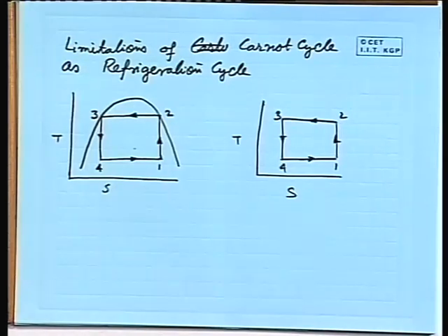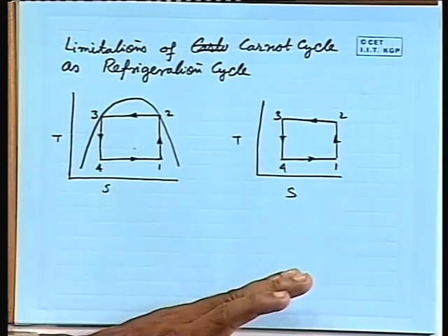Isothermal heat addition and isothermal heat rejection become impossible. Whenever we add heat or whenever we reject heat, there will be some temperature gradient across which heat transfer will take place. So, this becomes very difficult. That is one thing. Another thing also, we will have a lot of energy expenditure for the compression of the gas.